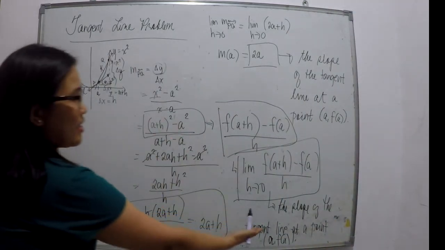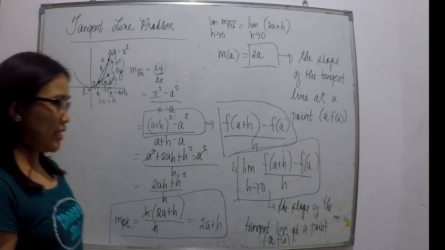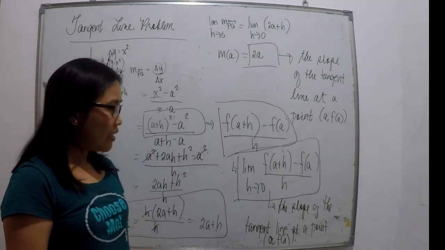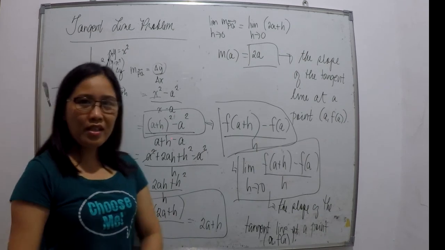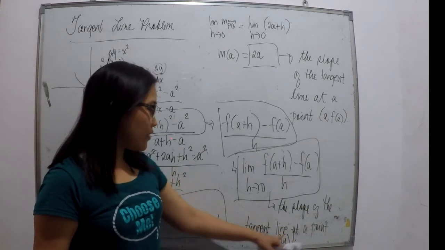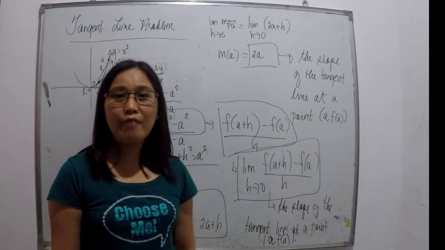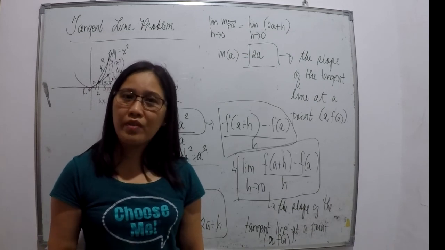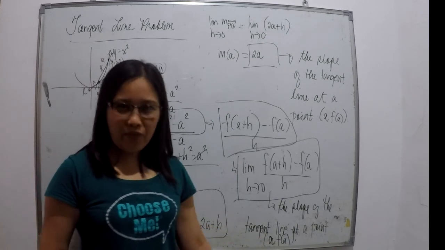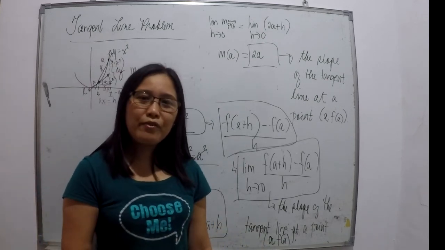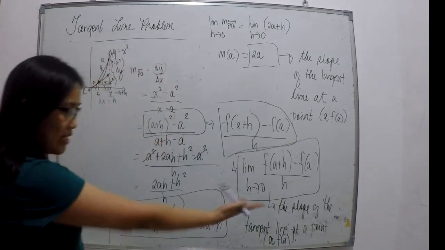So that is the slope of the tangent line at a point A, f of A. Now, what's interesting here is the slope of the tangent line at the point A, f of A, is actually the derivative of the function at the point A, f of A. So we have here the definition of the derivative, which is actually like that.